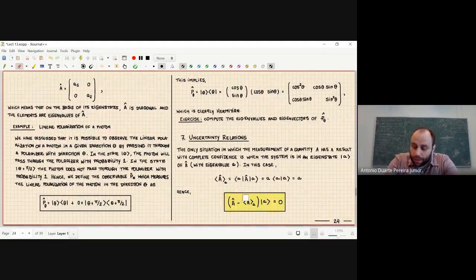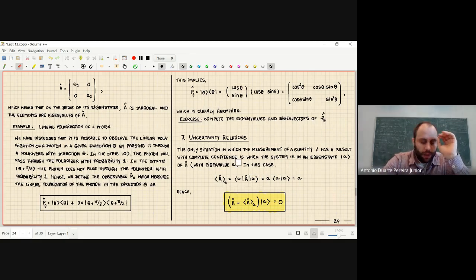So in this particular situation, you have that the outcome of your measurement, which is little a, coincides with the expectation value of the operator. So you just see that the outcome is little a, the expectation value of your operator is a. And this happens just because the state is an eigenstate.